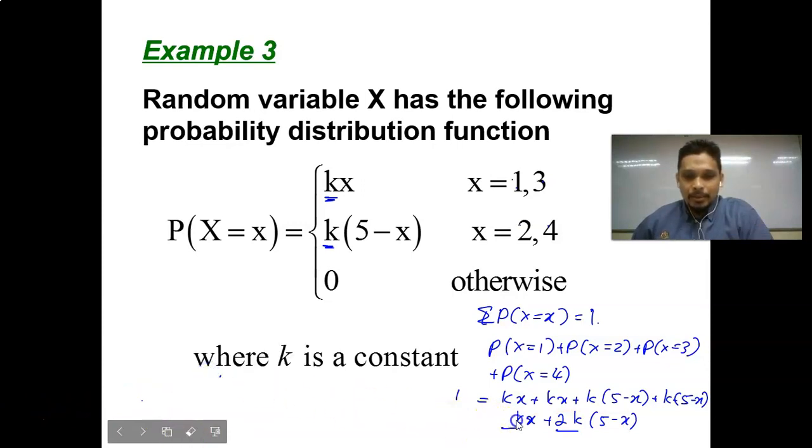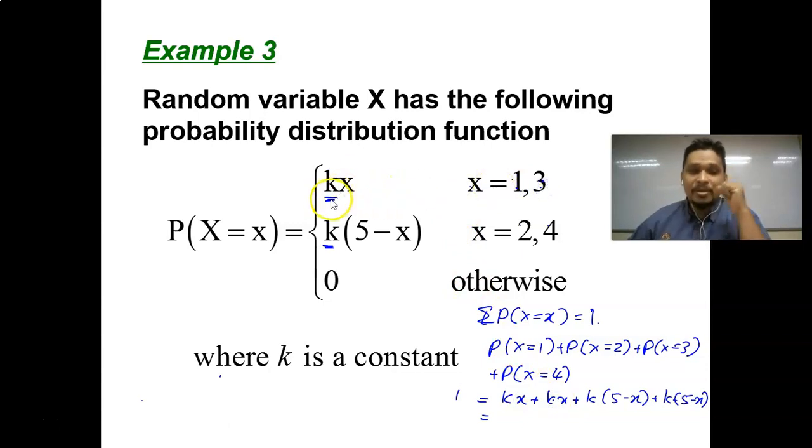Okay, so I make an adjustment here. Just imagine that this k, with the x here, is for 1 and 3. The function kx with x equal to 1 and 3.